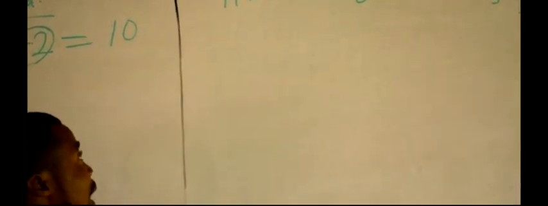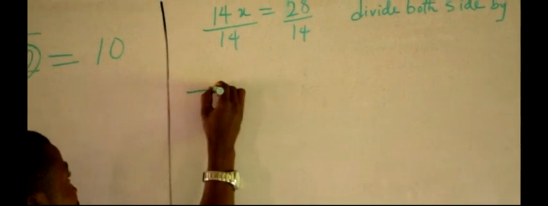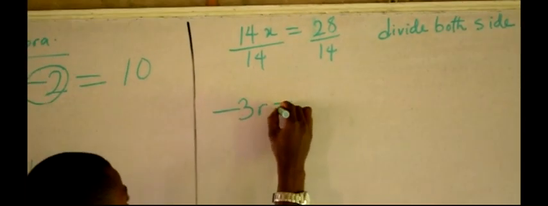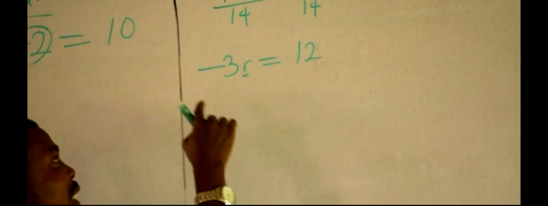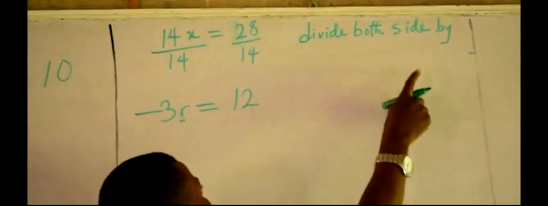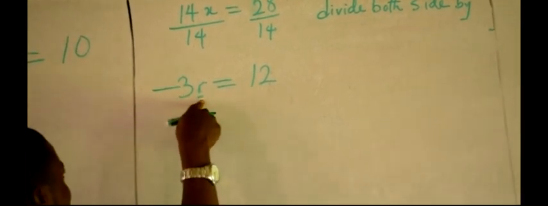So you are dividing both sides by 14. If you have another one like this, if you want to get your letter, you will divide both sides by what is at the back of the letter R, and what is at the back of the letter is -3. So you are dividing both sides by what is at the back of the letter.